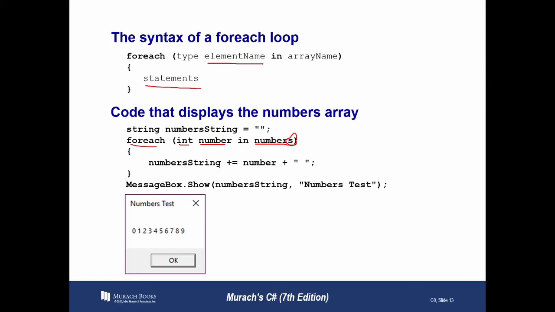So numbers string is plus equals number plus this. Okay, and when we talk about which number, we're talking about this one here. And so this message box is going to return this and display this as our number string. And then we're just giving it this title right here, okay, which is this.